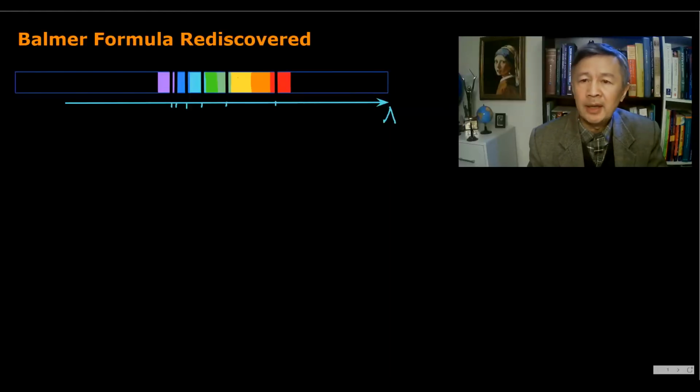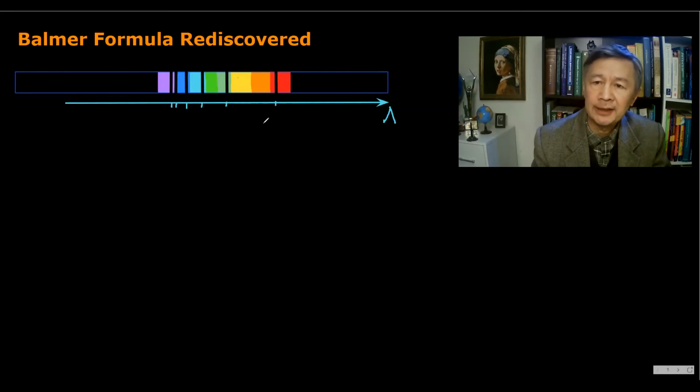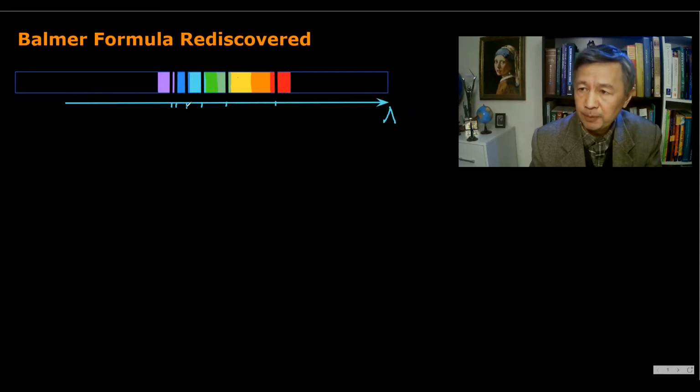This is the absorption spectra of hydrogen gas or hydrogen atoms. From here, you can see that the dark lines represent the absorptions by hydrogen, and the horizontal axis is wavelength.